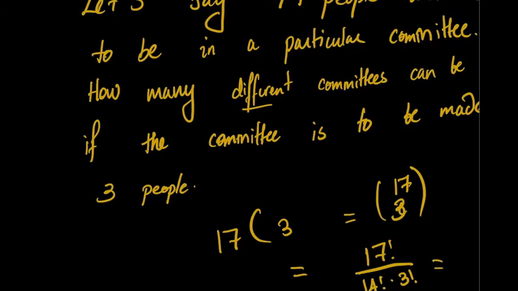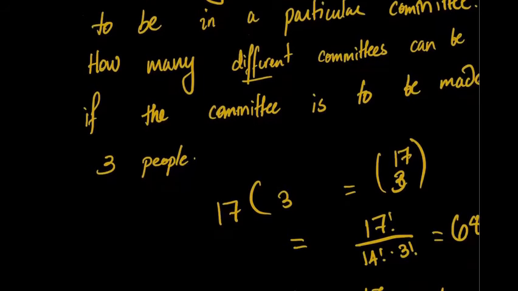And this gives us a value of 680 total possible ways that you can form a committee made of 3 people.